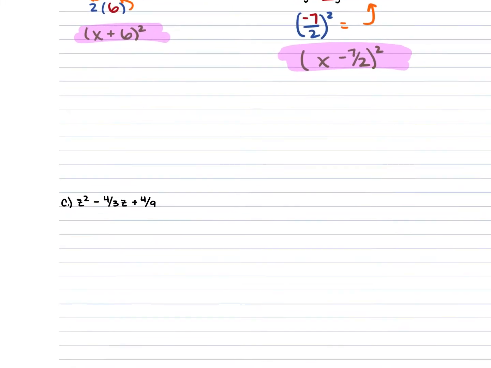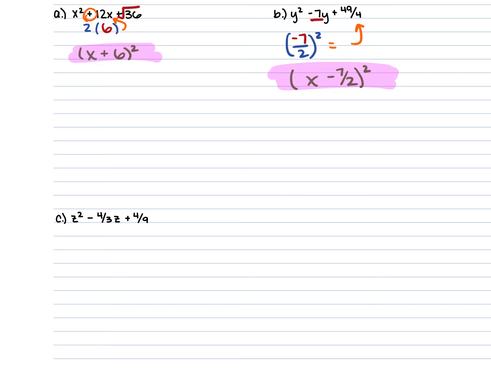For example C, we have z squared minus 4/3 z plus 4 over 9. For this one, our b term is that negative 4 over 3. If we were to divide it by 2 and square it, this would give us negative 4/3 divided by 2 over 1 squared.